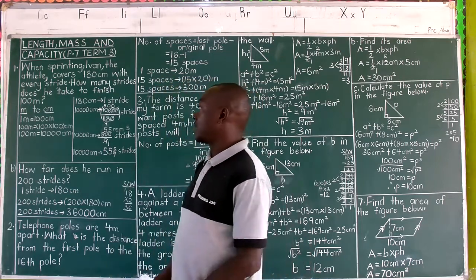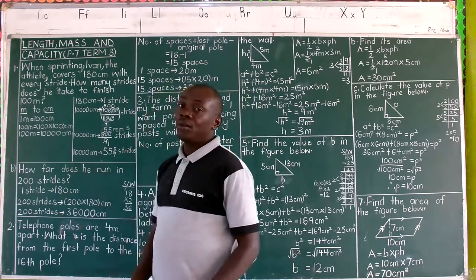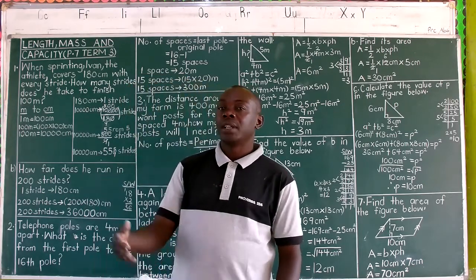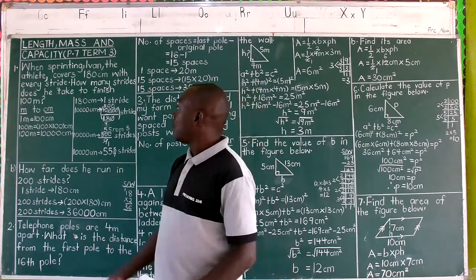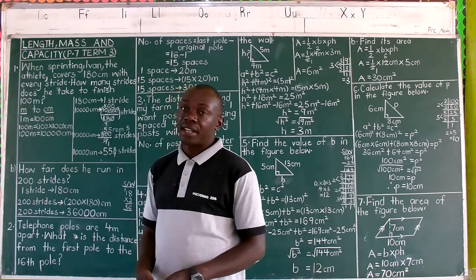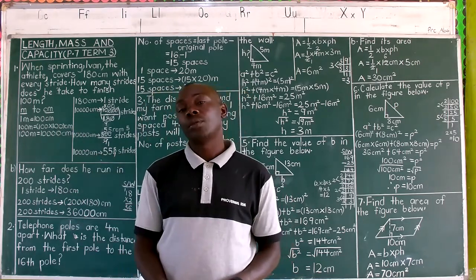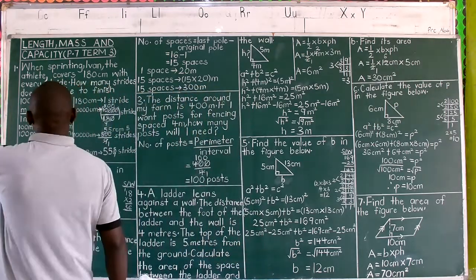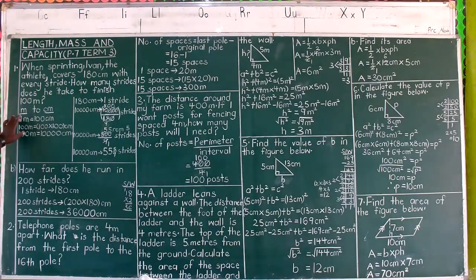Normally we convert the greater unit of the two to the lesser one. The meter is far greater than a centimeter, so we convert the meters to centimeters first. We know 1 meter is equivalent to 100 centimeters. Then what about 100 meters? It would be 100 times 100 centimeters.